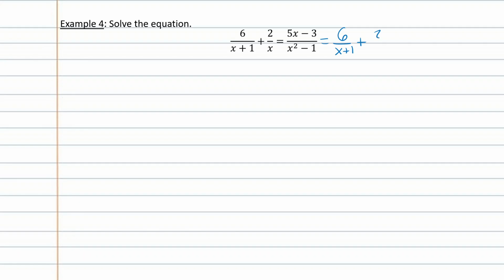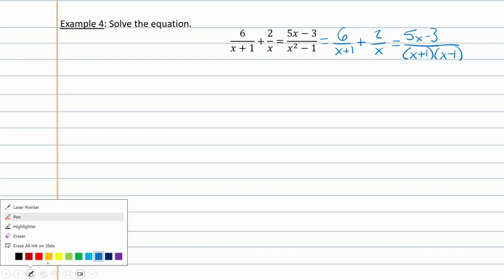The second one also cannot be factored. It's just a 2 over x. The numerator in the last one cannot be factored. It's a 5x minus 3. But the denominator here, the x squared minus 1, can be factored into an x plus 1 and an x minus 1. Okay. So we've done that.